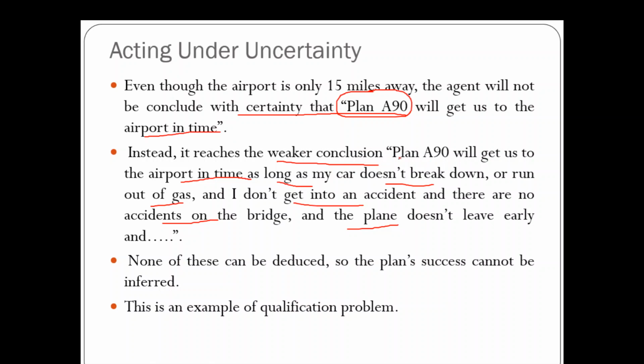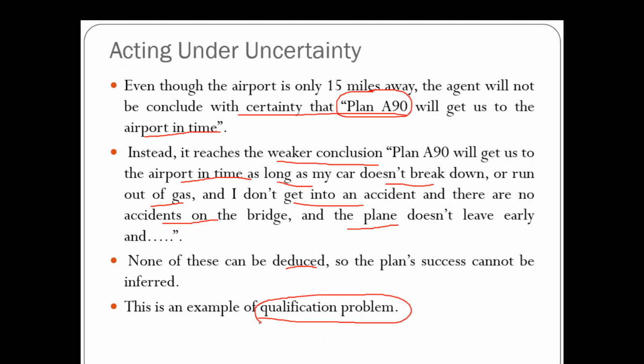It will arrive at the conclusion that the plan A90 will take the individual to the airport on time as long as none of these things happen. But none of this can be deduced. We cannot infer anything in advance, so the plan's success cannot be inferred. This type of problem is called a qualification problem, and most real world problems are like this. So here there is always some uncertainty involved.